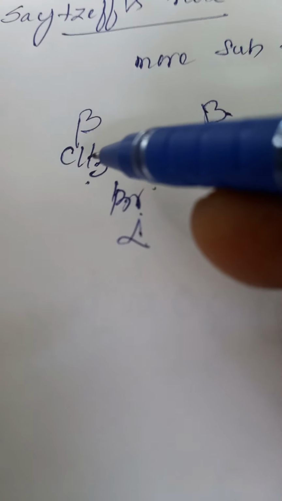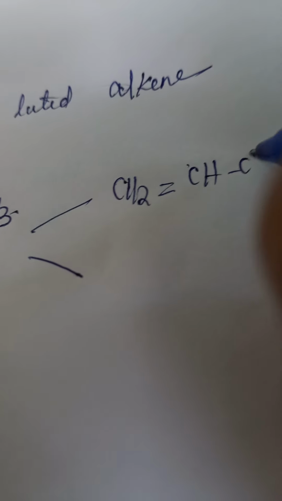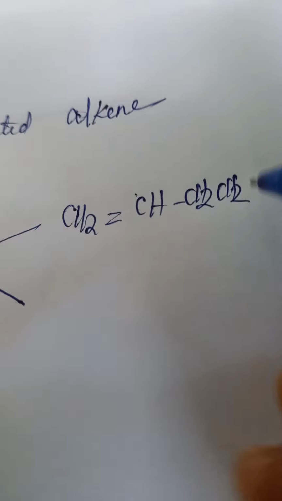If hydrogen is removed from here, HBr is removed, and we get the product CH2=CH-CH2-CH2-CH3. If hydrogen is removed from here, the product is CH3-CH=CH-CH2-CH3.